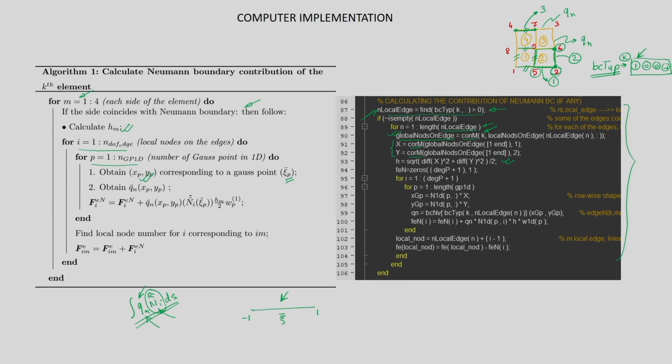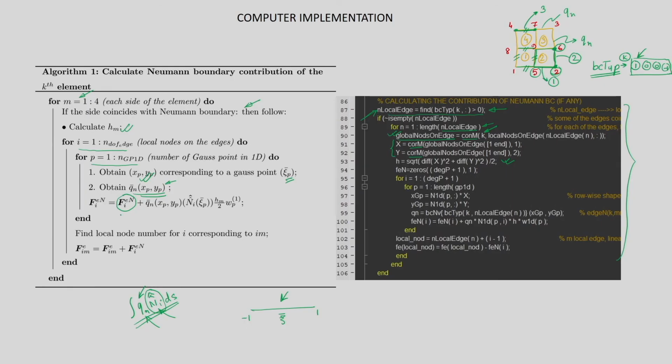At that Gauss point we calculate the heat flux, because as I said, heat flux can vary along the edge. Once we calculate Qn, we have a new vector Fen, which denotes the force vector part only taking care of the Neumann boundary condition. If that boundary lies on the Neumann boundary, it will be non-zero, otherwise it will be 0.